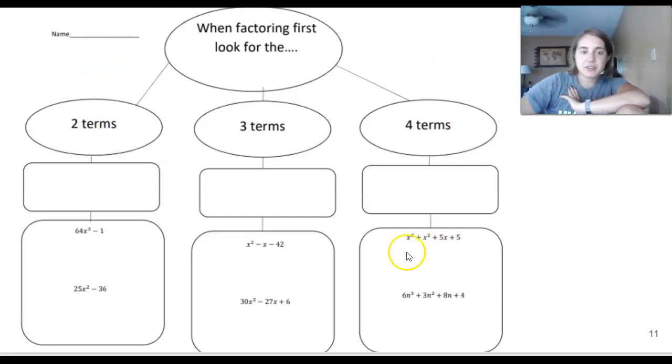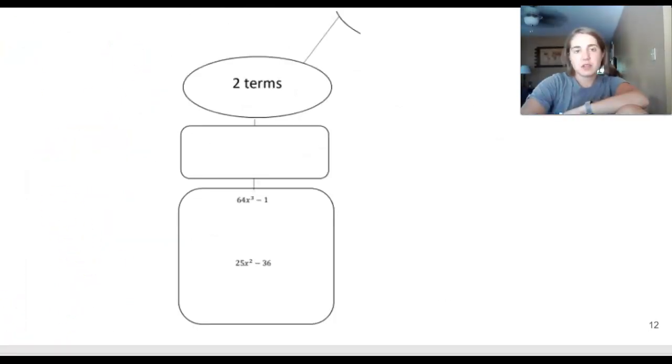Okay, so you guys should still have your factoring chart, so you want to have that out and be looking at that. We're going to add to our 2 terms column. For 2 terms, we're going to use sums of cubes or difference of cubes and then difference of squares. So we have a squared minus b squared equals a plus b, a minus b.